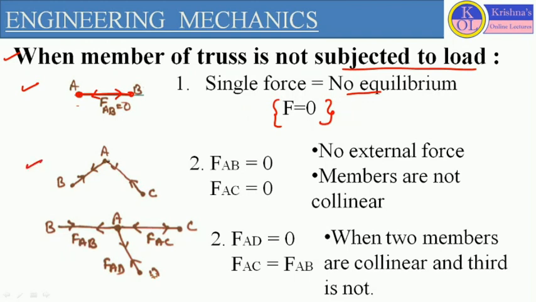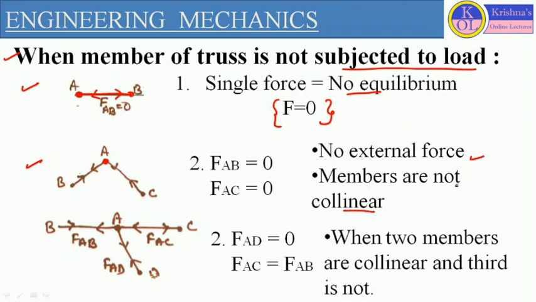Second condition, when two members are joined by one single joint. Here this point A we are considering as a joint, and this joint A is joining member AB and member AC. Neither AB nor AC is subjected to external load, and these two members are not collinear.